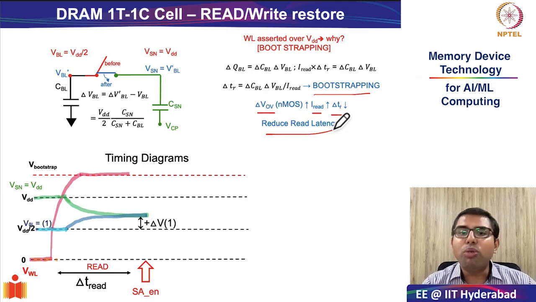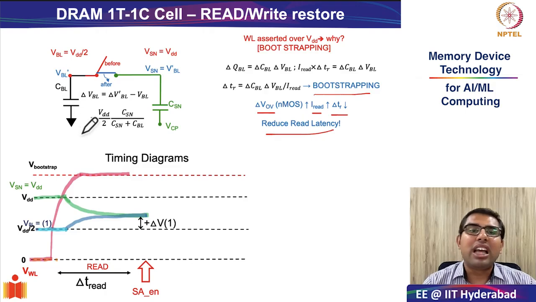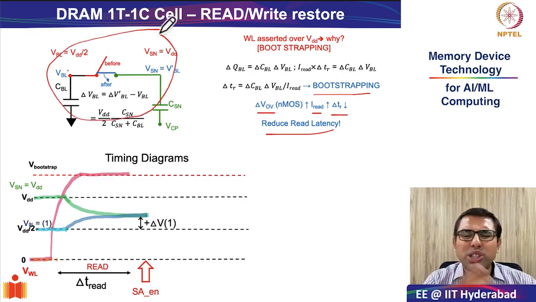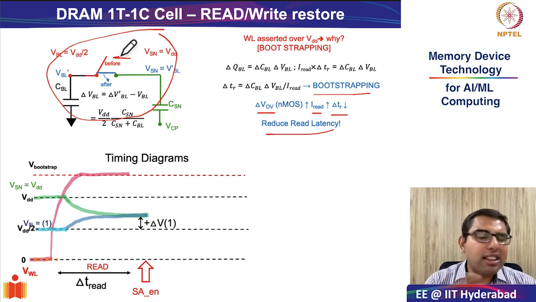Another way of looking at it would be to say that this read current will have to flow through this resistor and capacitor network. So the best way to have a very fast discharge is to lower the time constant, or the RC value, of the resistor and capacitors involved in this particular circuit. And the way to do that, because you cannot really play with the capacitors, is to reduce the resistance of the access transistor, or in other words, increase the strength of the access transistors.